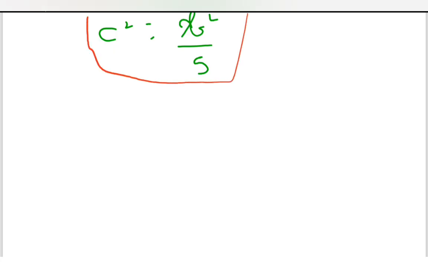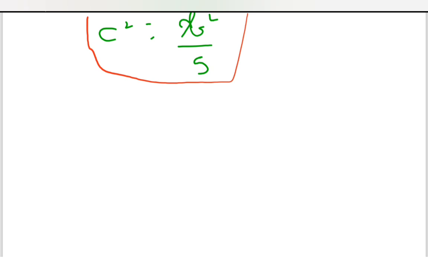Okay, so this is the equation we got. C square is equal to b square by 5. This is the one we got. Now we have already proven that 5 divides A square as well as A. Similarly, we can also say that if 5 divides B square, then 5 can also divide B. Am I right or wrong?